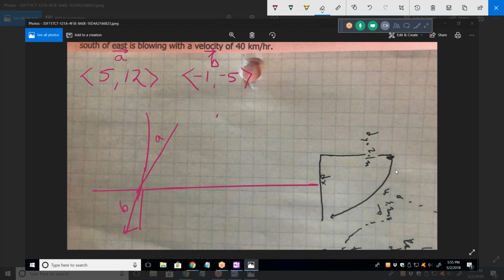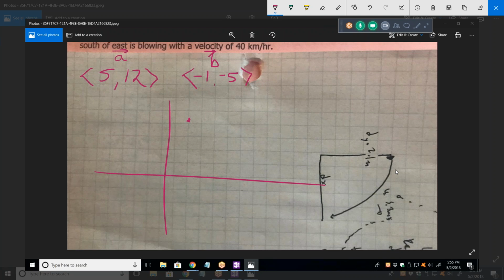I didn't start it off very good, though. If I label those 2 points, there's 5, 12, there's -1, -5. So that's the vector between those 2 points. If I'm talking about AB, I'm talking about that vector.